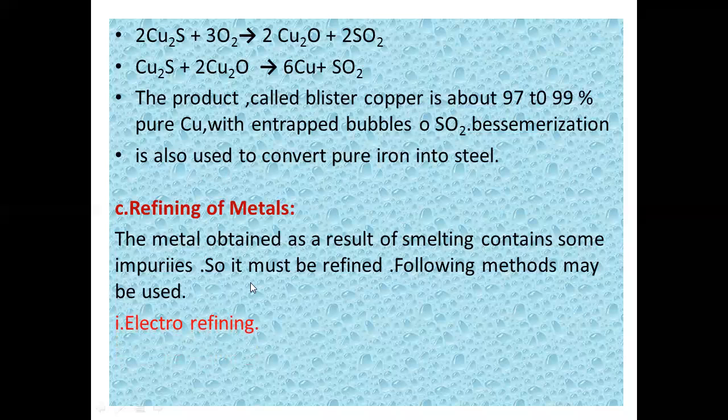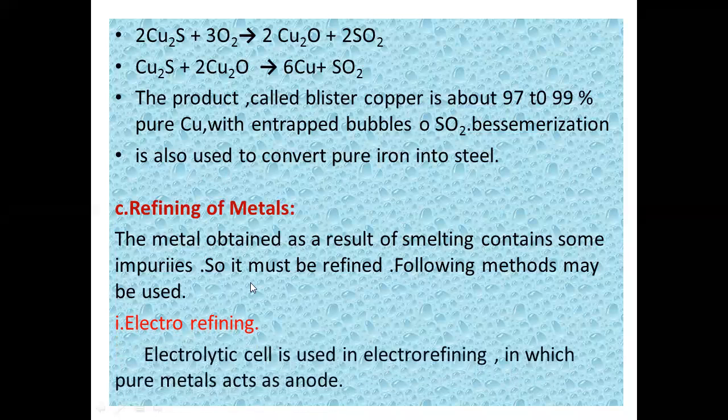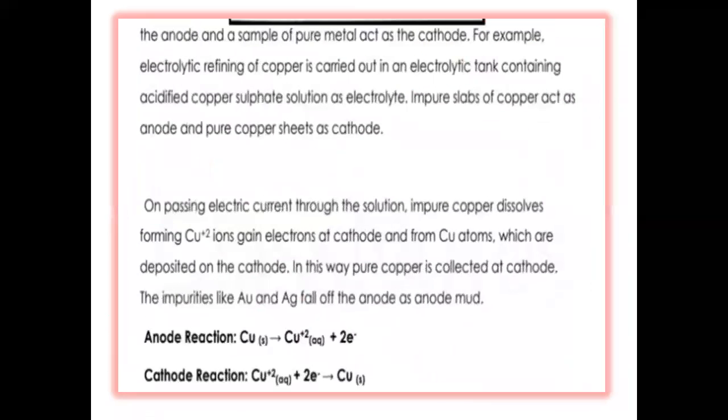The first one is electro refining. You learned it in grade 9. It is called electrolytic refining, and an electrolytic cell is used, in which the impure metal acts as an anode and a sample of pure metal acts as a cathode.